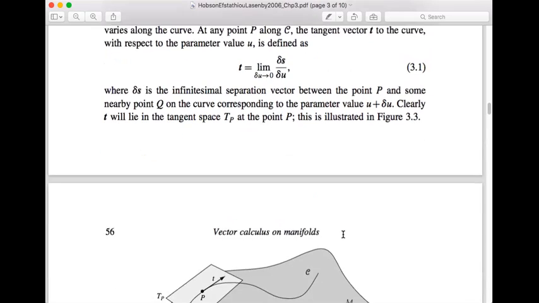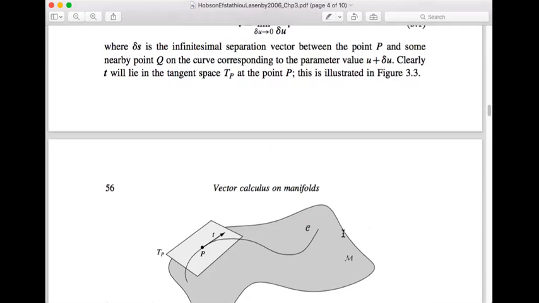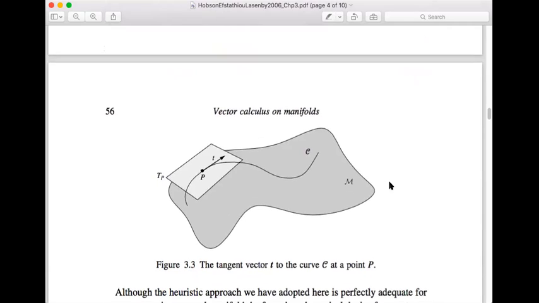As illustrated in figure 3.3, he has a similar diagram to what we've seen before. Again, we have the manifold M, which is just a two-dimensional surface in this simple case, and we've chosen a point P. Again, we have the tangent plane at the point P in which we can have vectors.